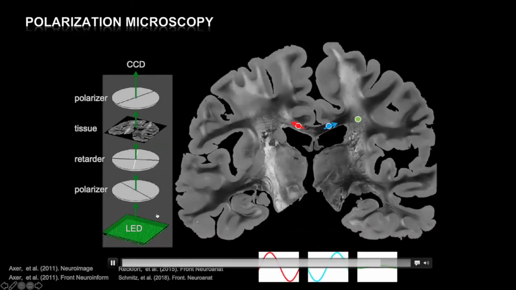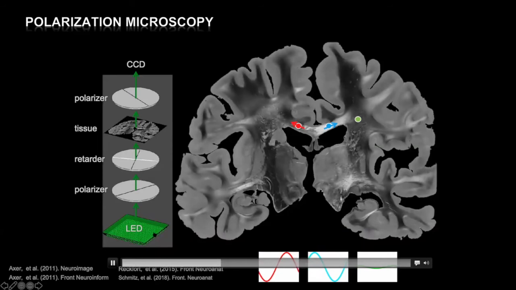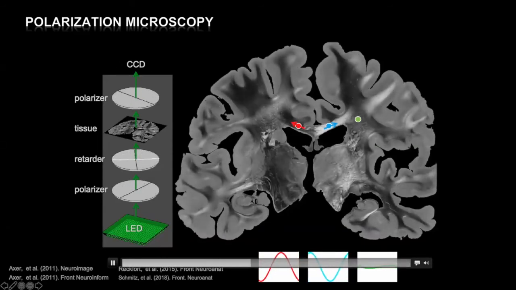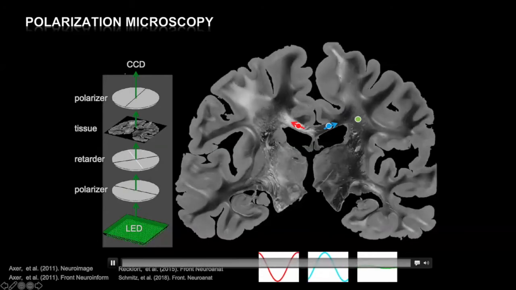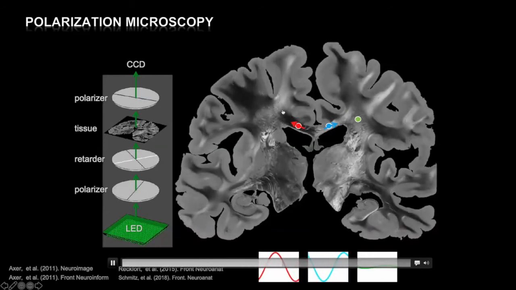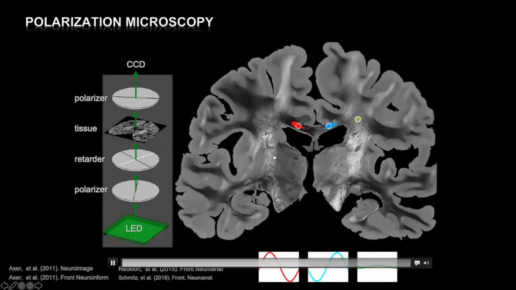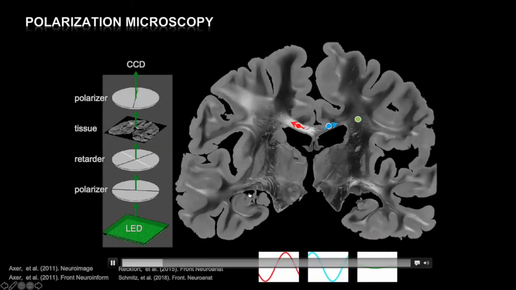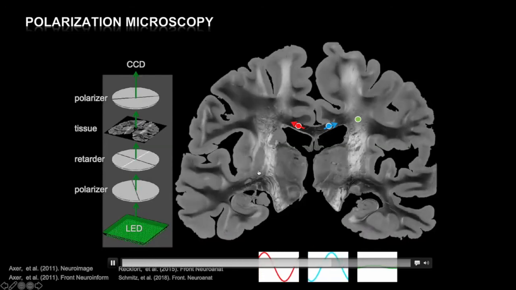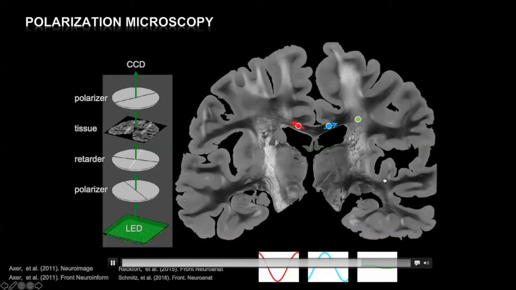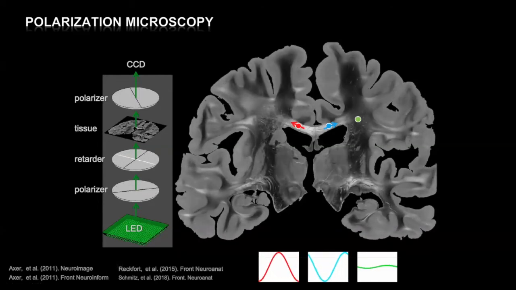We use a green wavelength illumination source, and we observe the intensities with a CCD camera. When we rotate all these filters, you can see by eye these kinds of intensity changes. And these changes are effects coming from the birefringence.